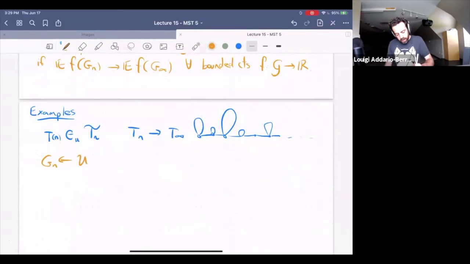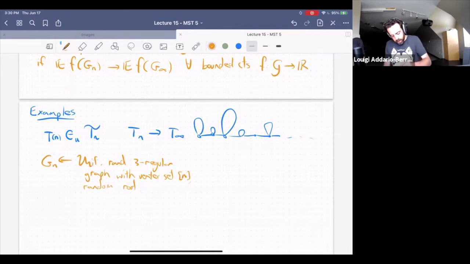So if we look at a uniform random 3-regular graph with vertex set [n] and a random root, then G_n converges in distribution.